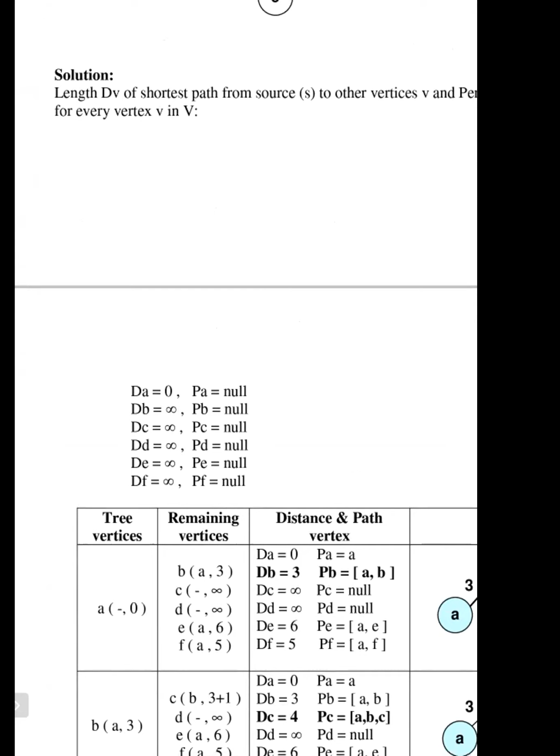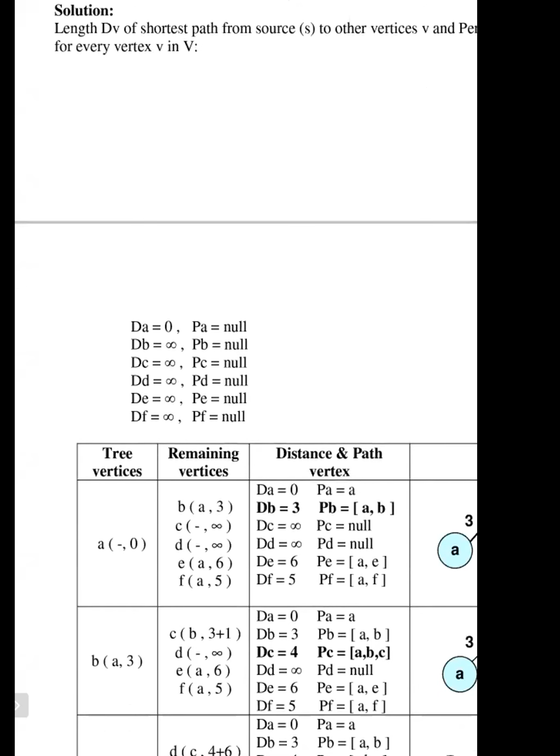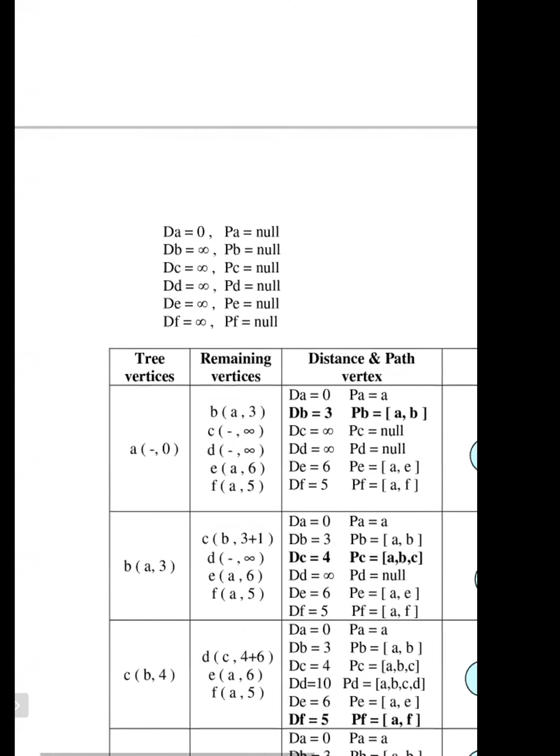Initially we set them to very large values: the direct shortest distance from source to B, source to C, source to D, source to E, source to F is infinity. If we start from the source vertex A, first it is 0 and the rest are infinity. And this is the path matrix: P of A, B, C, all are null.